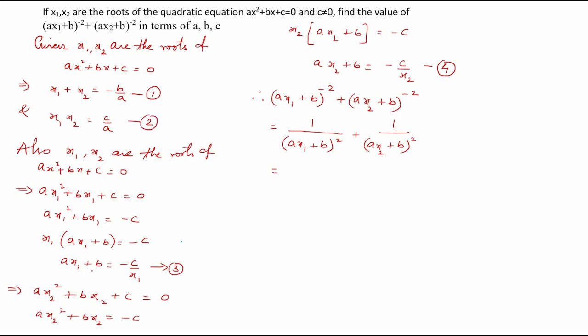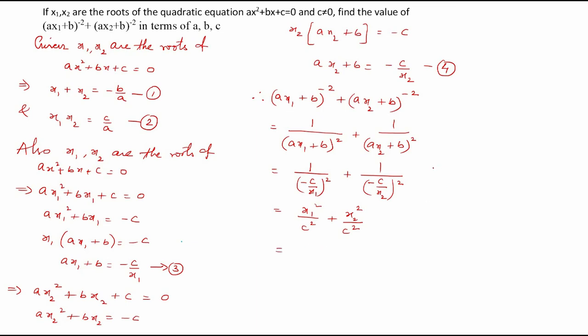So ax1 plus b from equation 3 we can write, this as 1 by (minus c by x1) whole square. But 1 by ax2 plus b from equation 4 we can write as (minus c by x2) whole square. So when we square and simplify, this will become the reciprocal of the term. So x1 square by c square plus x2 square by c square.